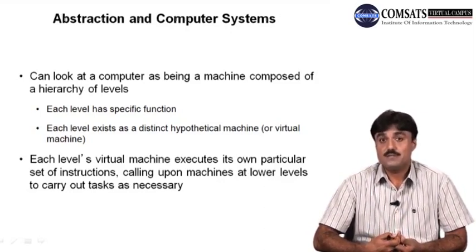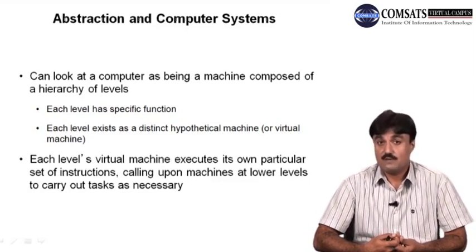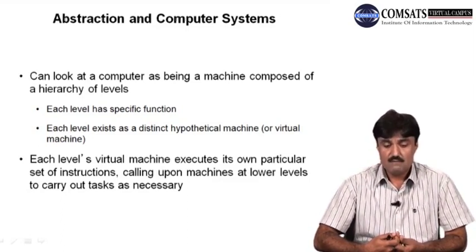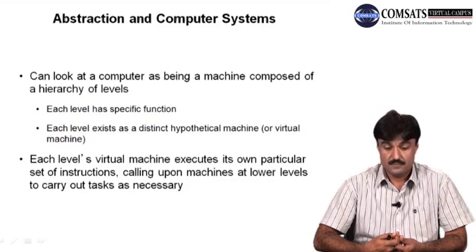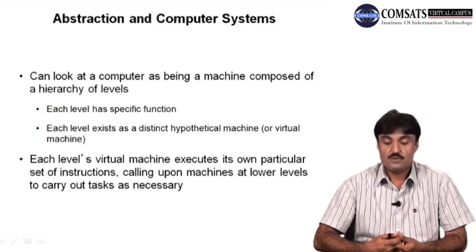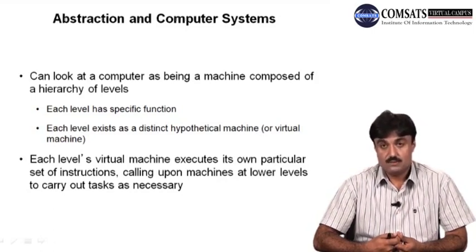But when we come very close to the internal functionality, we will see there are different levels. Each level has a specific function, and each level exists as a distinct hypothetical machine, or we can call it a virtual machine. Each level's virtual machine executes its own particular set of instructions, calling upon machines at lower levels to carry out tasks as necessary.